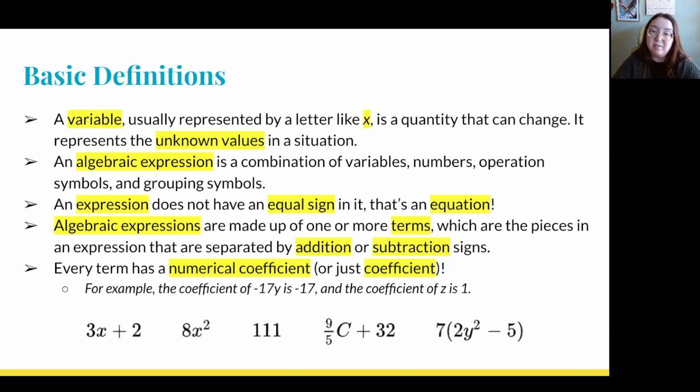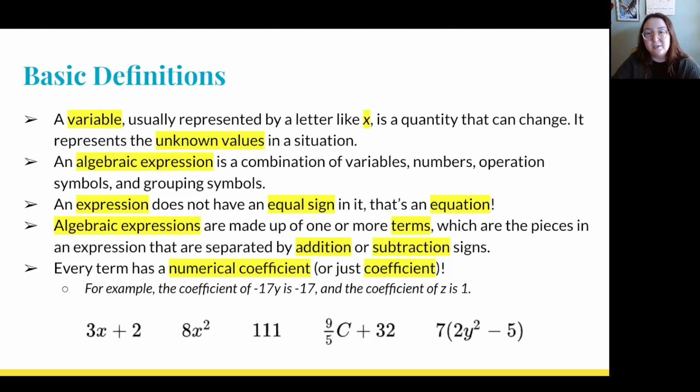So every term has a numerical coefficient, or just what we call a coefficient. For example, the coefficient of negative 17y is negative 17. It's the number that's being multiplied by, or is in front of, the variable that it is next to. They're being multiplied together, and so we call that the coefficient, the number in front of the variable.